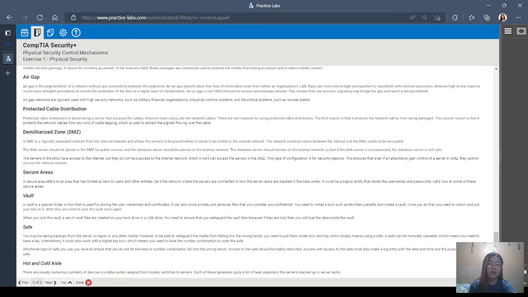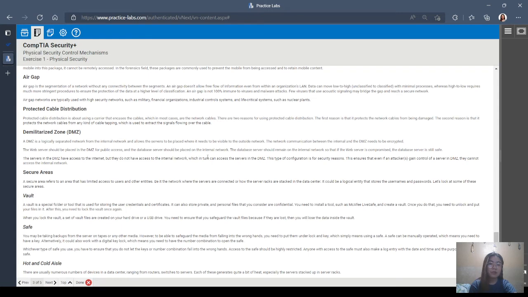Air gap is the segmentation of a network without any connectivity between the segments. The air gap doesn't allow free flow of information even from within an organization's LAN.